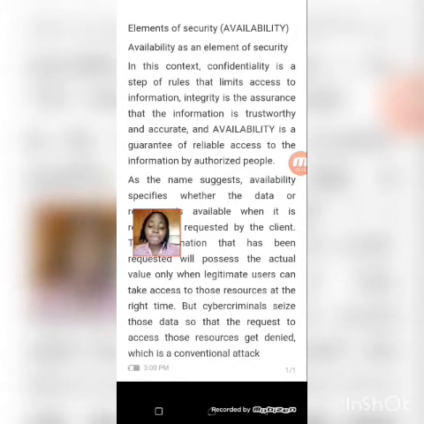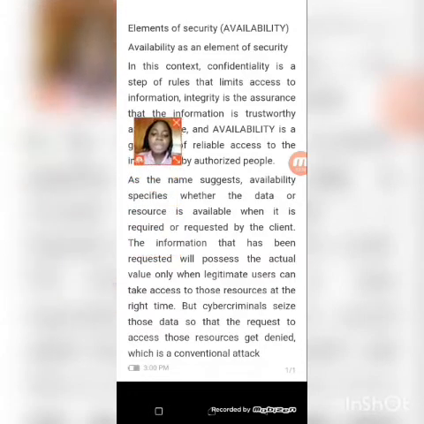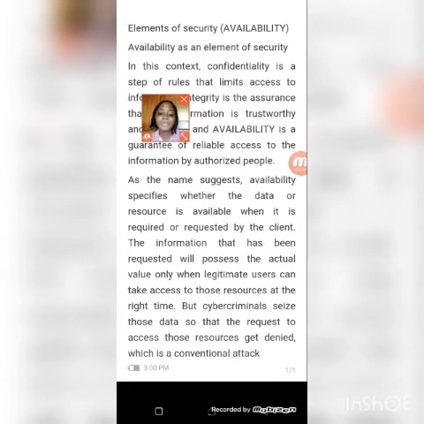An authorized person means someone that is also trustworthy, a person of integrity, right? Someone that needs the information can get it at the right time they need it. As the name suggests, availability specifies whether the data or resource is available when it is required or requested by the client.